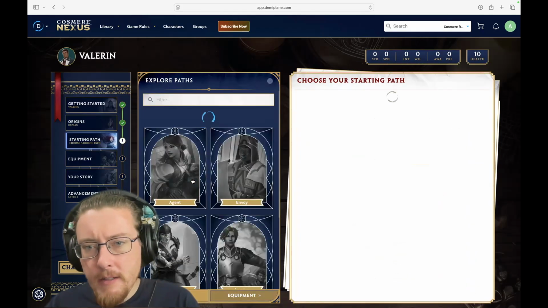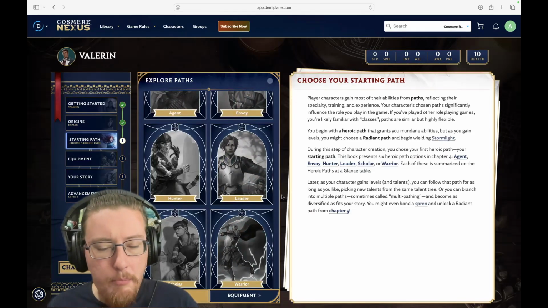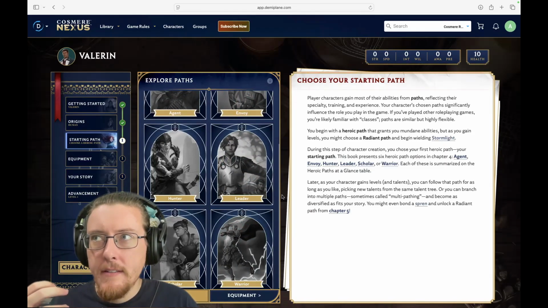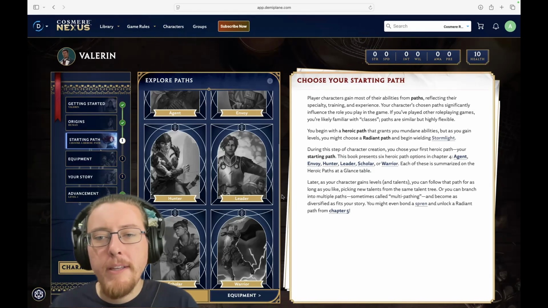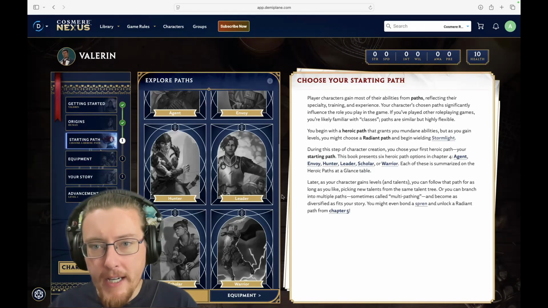Now, starting path. We have six options, and a big draw for this setting is that you get to play a Radiant at some point. That starts at level two. If you are starting at level one with your adventure or campaign, you're not going to be a Radiant right off the bat.